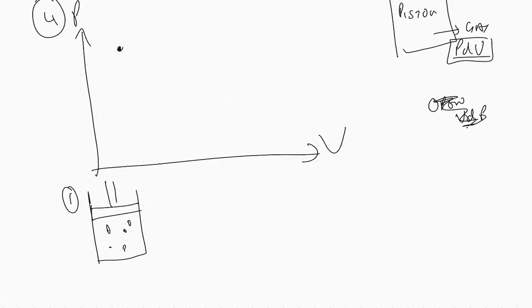We will say that the gas is doing some work and trying to expand. So if I draw it like this, now we have expanded, so the volume is higher.